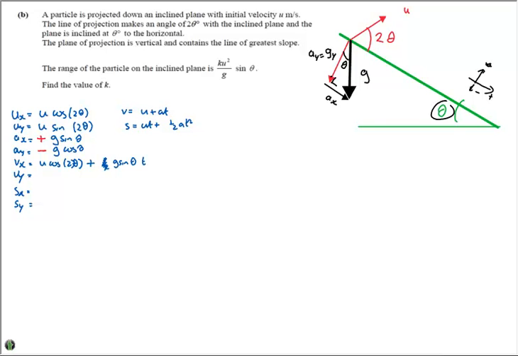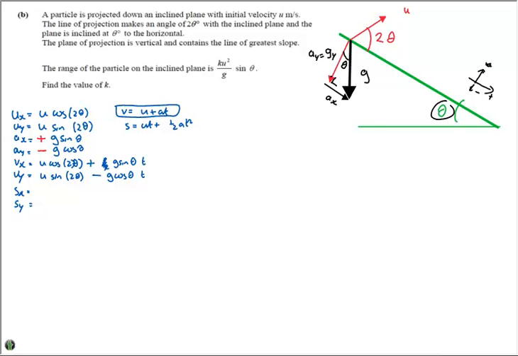Vy similarly is u sine 2 theta minus g cos theta t. Just coming from this equation here, whatever the uy and ay are equal to.